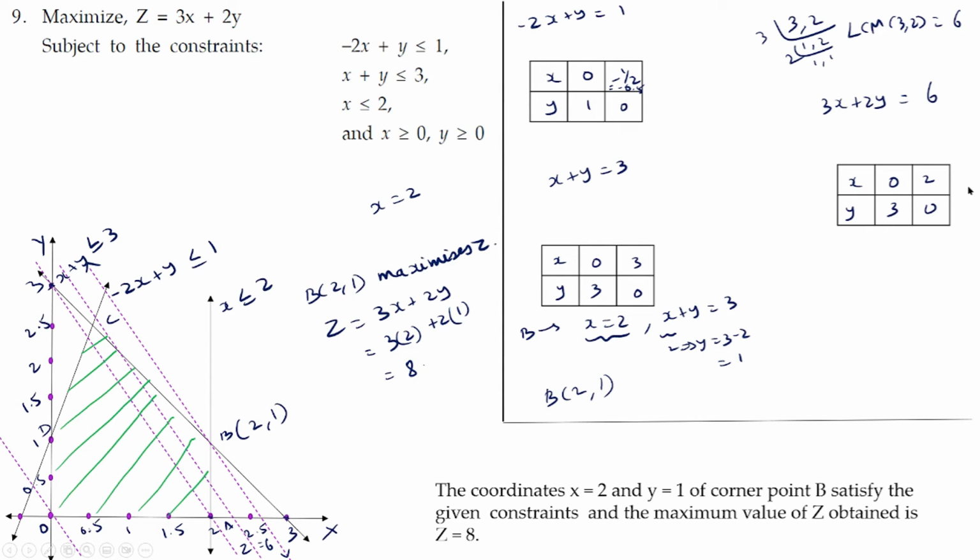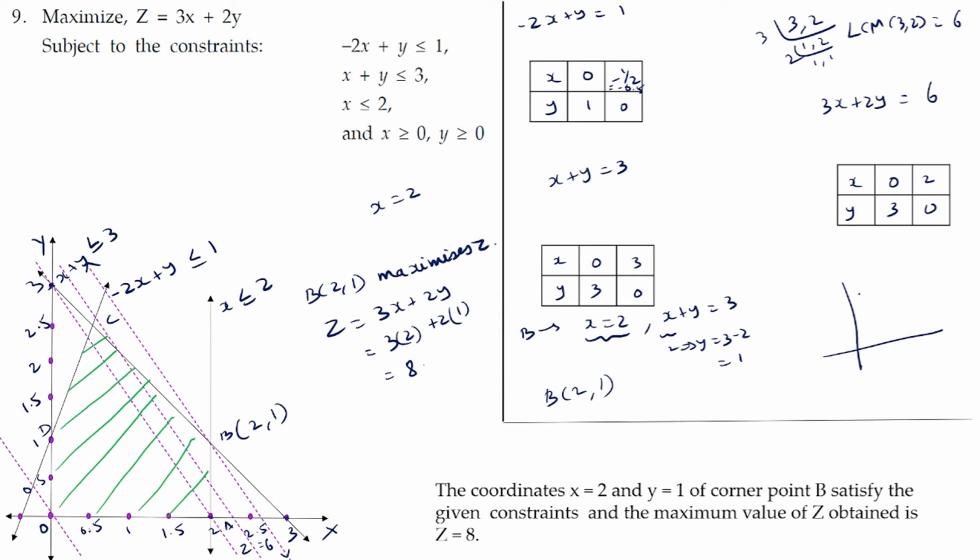So all these can be done in the rough. It is important that we draw the graph and write the result. So here in this problem and in the previous problem, we have seen that the isoprofit lines, or if we have a minimization objective function also, in the previous video the questions that we have seen, the lines of the objective function, that is the isoprofit or isocost lines, had negative slope.